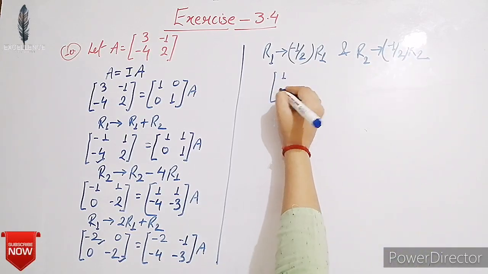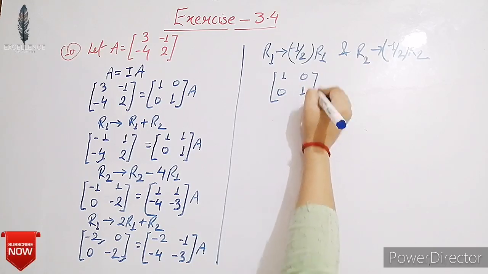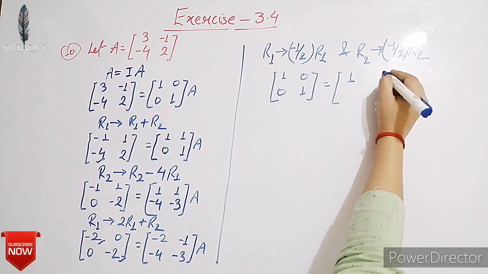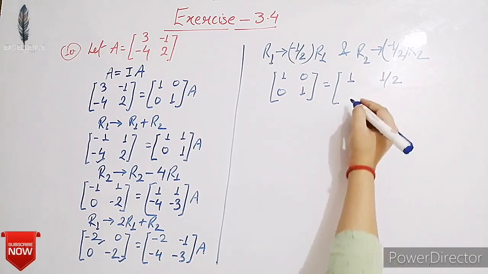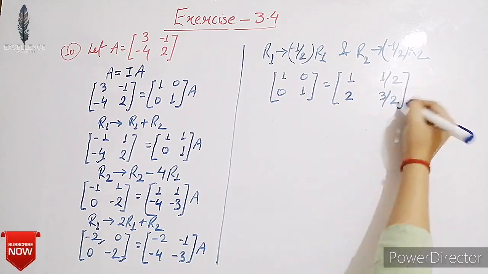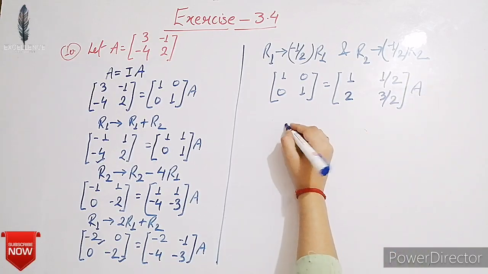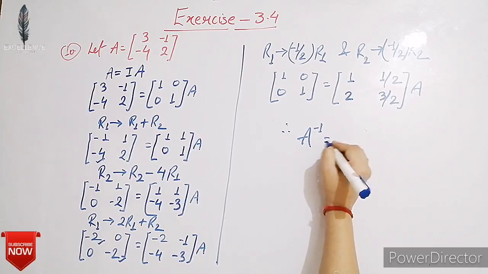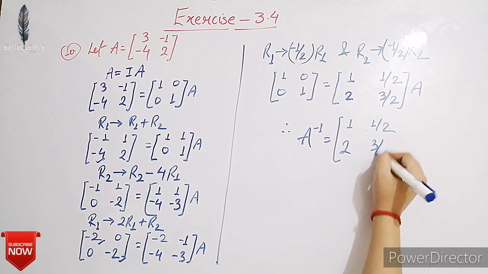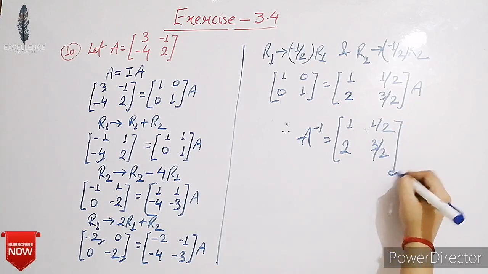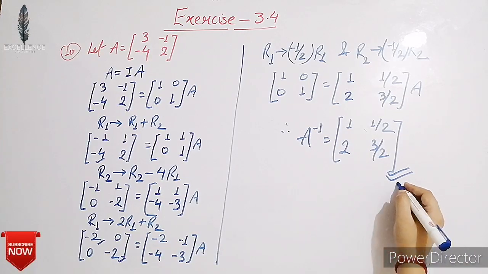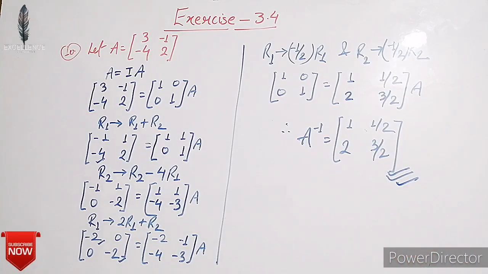Then we get the required identity matrix 1 0 0 1 is equals to, here we have minus 2 by 2 1, it is 1 by 2 and it is 2 and it becomes 3 by 2 into A. So the required inverse of the given matrix is 1 2 1 by 2 3 by 2. Okay, clear? In next class we will discuss the rest questions of this exercise.